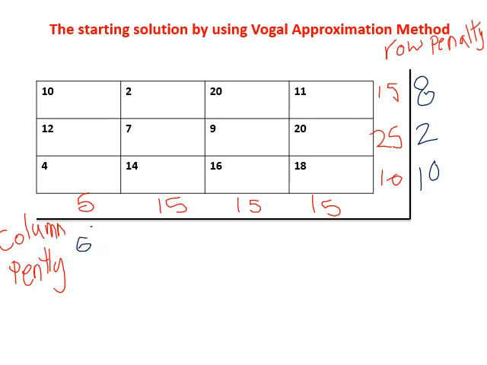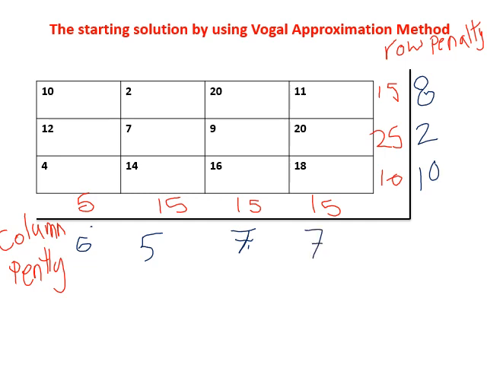The difference between 2 and 7 is equal to 5. This is the column penalty for the second column. The column penalty for the third column is equal to 16 minus 9, which is equal to 7. And finally, the column penalty for the fourth column is the difference between 18 and 11, which is equal to 7.